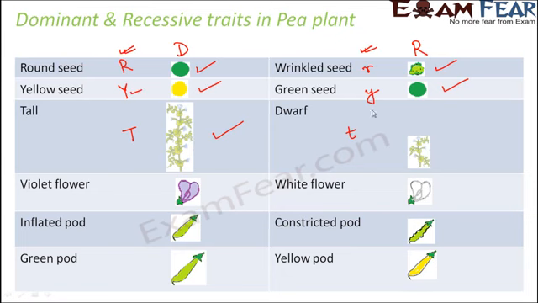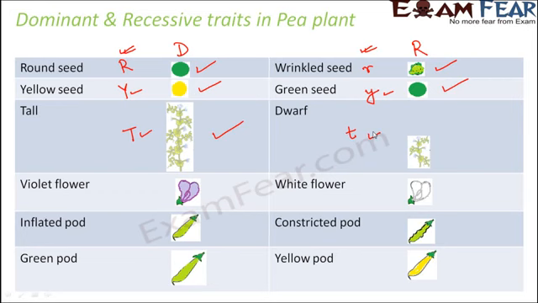Similarly, capital Y and small y both represent the same trait, and the trait is the color of the seed. Capital T and small t represent the same trait, and the trait is the height of the plant. Correct? That is the reason why all the traits are denoted by the same letter. For dominant trait, use capital letter. For recessive trait, use small letter.